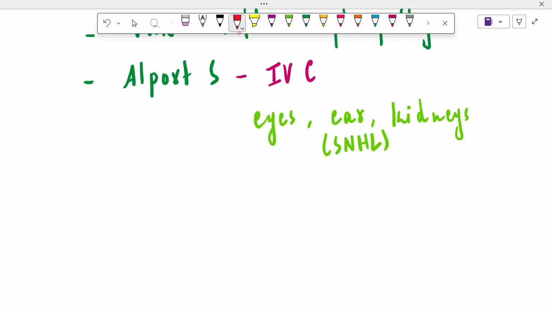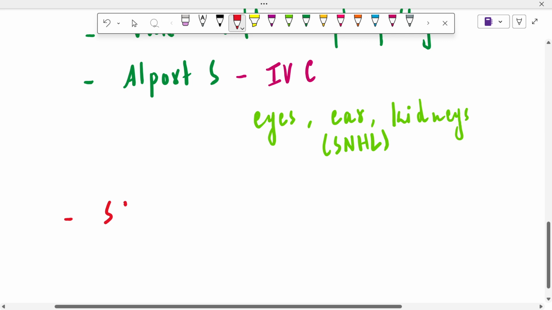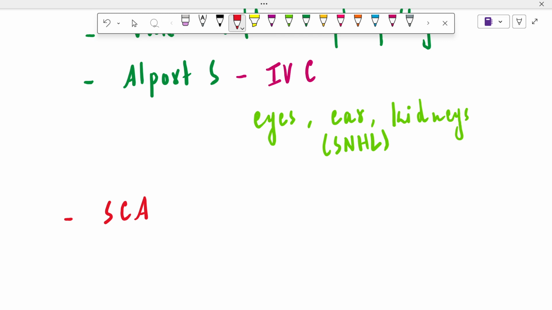The next condition is sickle cell anemia itself, right? One of the complications of aplastic crisis is sickle cell anemia, but sickle cell anemia itself is very notorious for causing FSGS. In sickle cell anemia, the RBCs are sickle shaped, like this.